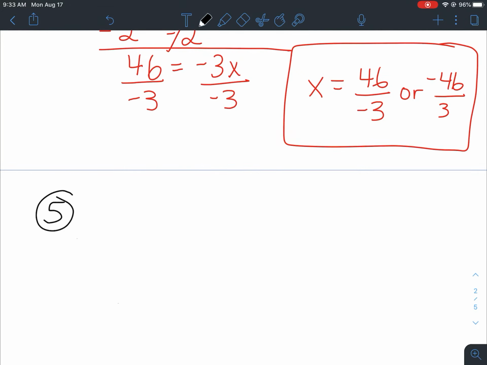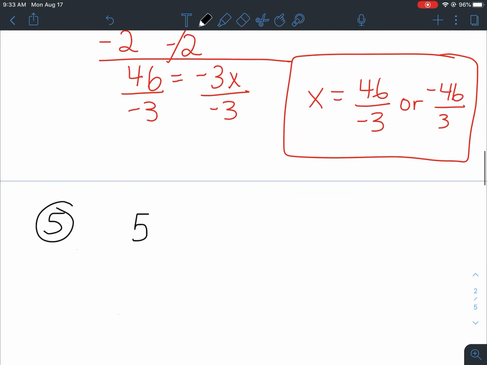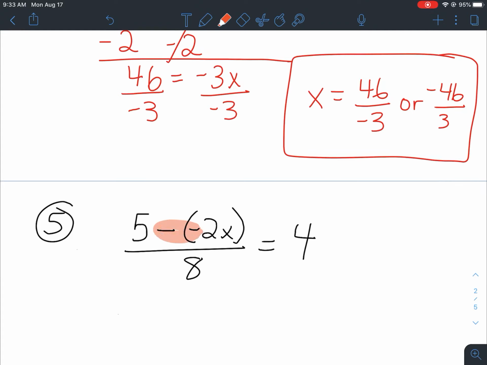Number 5, very similar. So what I want you guys to do is answer the question, what would be the first step here? Okay, so the first step would be to simplify this part.